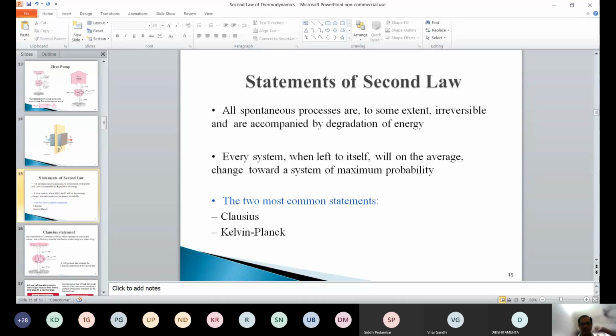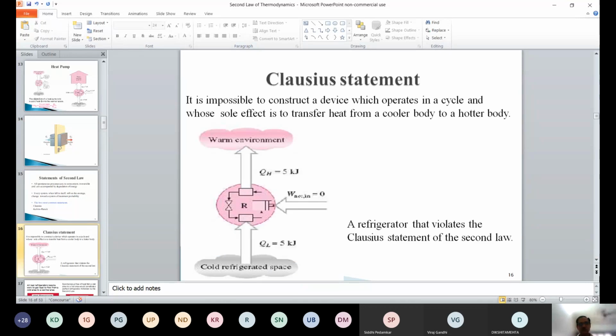So the Clausius statement is: it's impossible to construct a device which operates in a cycle whose sole effect is to transfer heat from a cooler body to a hotter body. So if you want to transfer heat from a fridge to the room environment, you need to supply work. That is the Clausius statement.